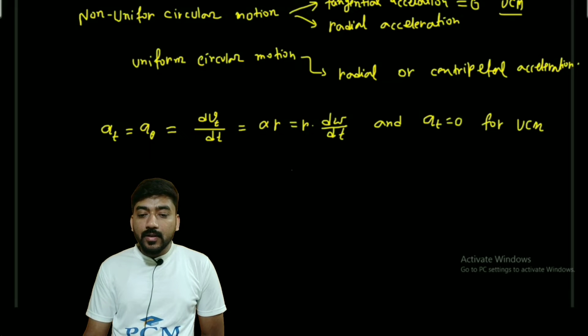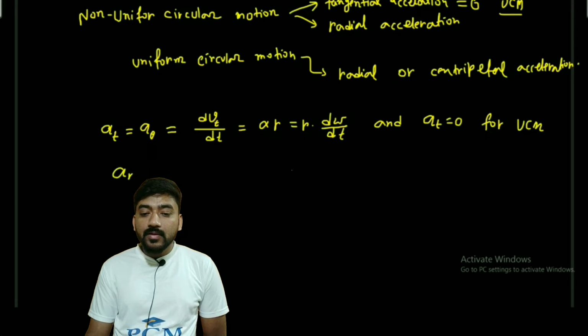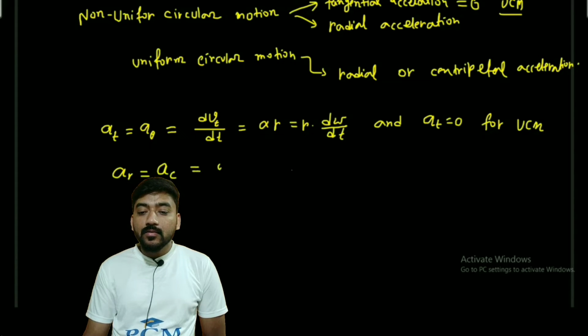Then we have radial acceleration, sometimes written as a_c, the centripetal acceleration, which is omega squared r, or v squared by r.